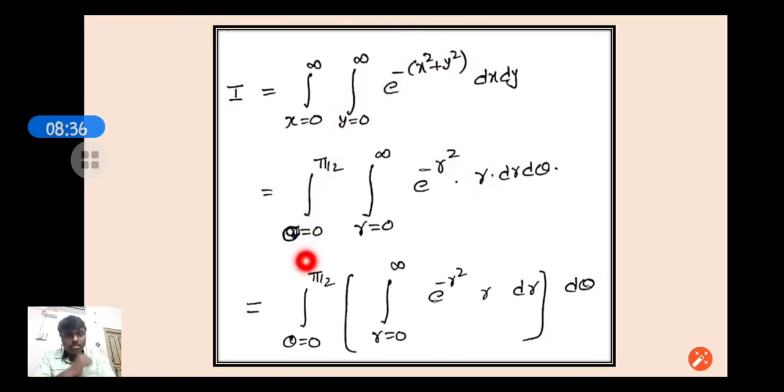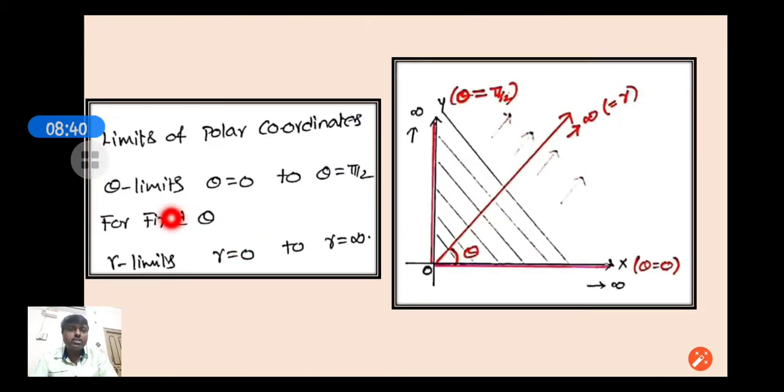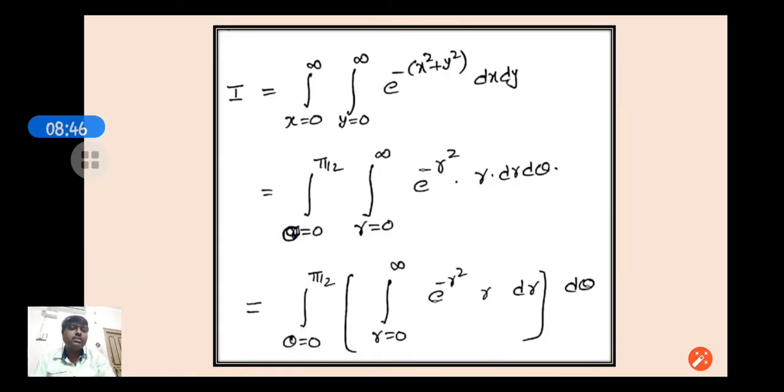Already I gave the limits here. So here you observe that theta limits, theta equal to 0 to pi by 2, and r limits, r equal to 0 to infinity. So that's why I am writing theta limits, theta equal to 0 to pi by 2 and r limits 0 to infinity. Here also you observe that your limits are constant limits. You can go by any order.